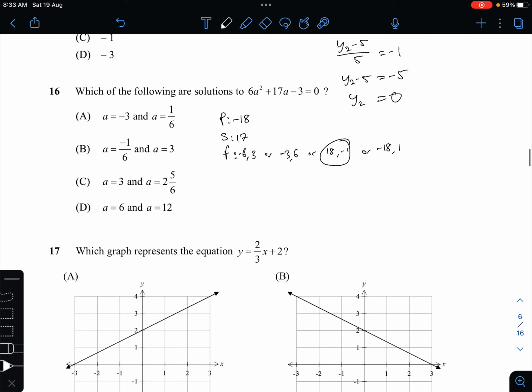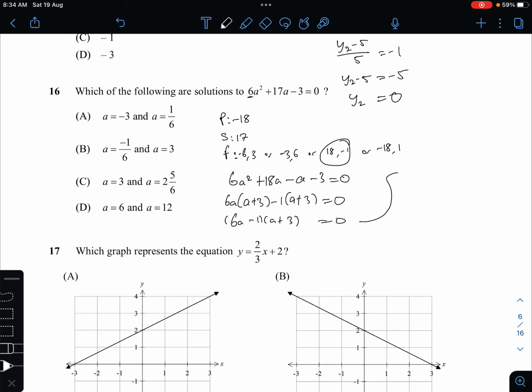But remember, since it's not monic, sorry, I always forget the term, you need to start factoring it properly. So 6a squared plus 18a minus a minus 3 equals 0. And then 6a plus 3 minus 1, a plus 3 equals 0. (6a minus 1)(a plus 3) equals 0.